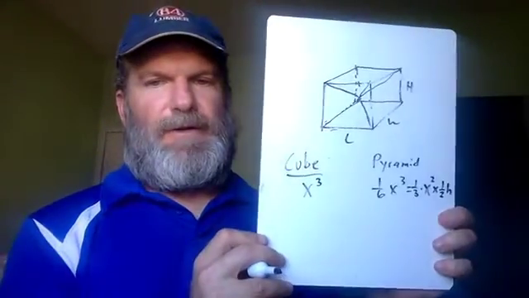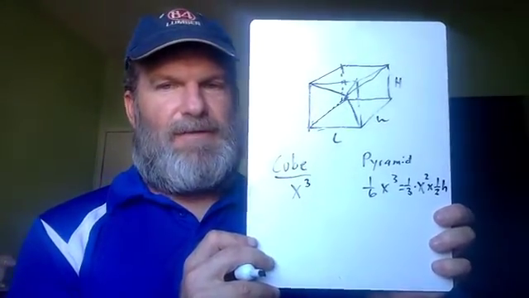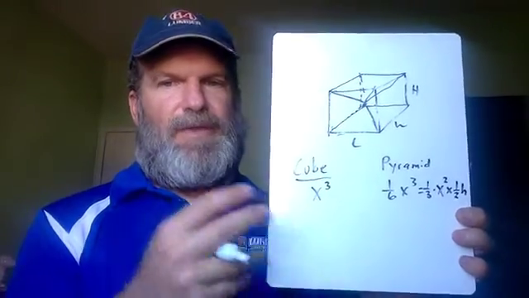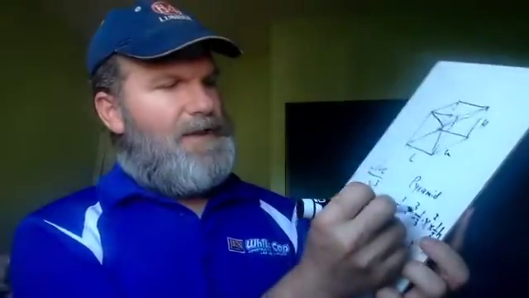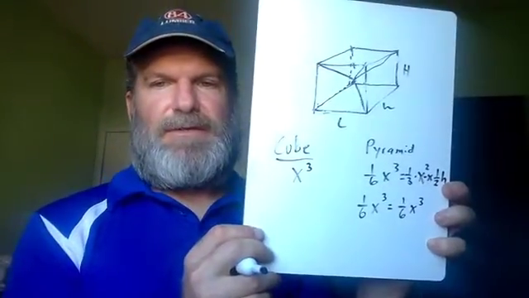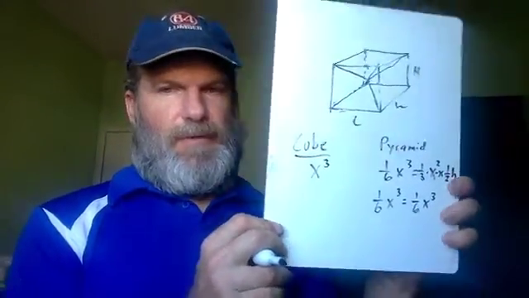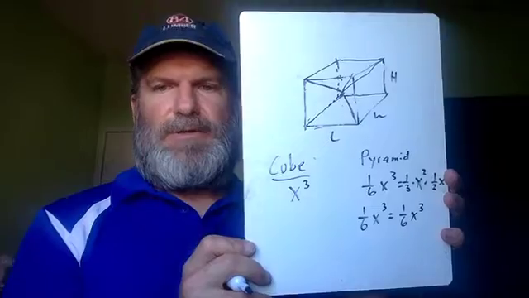So we have to multiply this by 1/3. 1/3 times x squared times half the height is equal to 1/6 x to the third power. Now, that's confusing. It's kind of complicated algebra, but basically you get 1/6 x to the third power on each side if you multiply this out. x squared times x is x to the third, and 1/3 times 1/2 is 1/6. I'm going to change that h to an x because we're using x for all our dimensions.